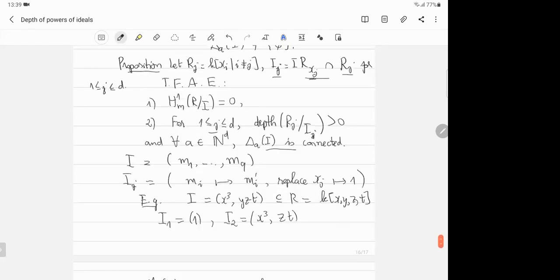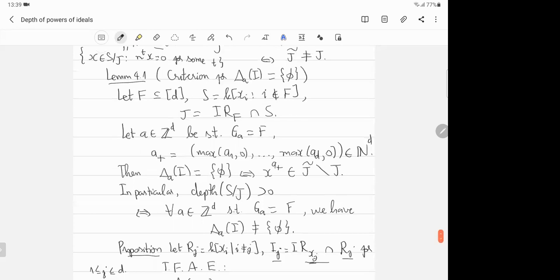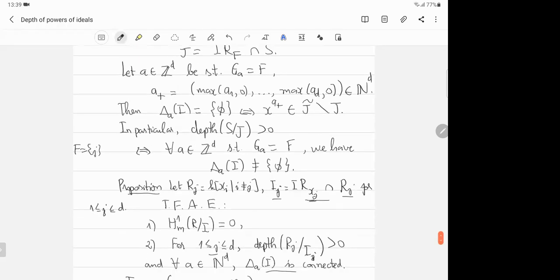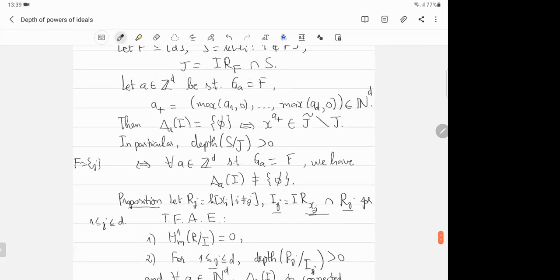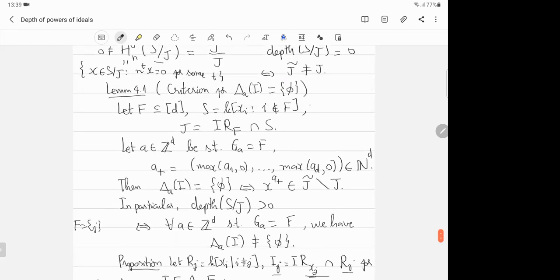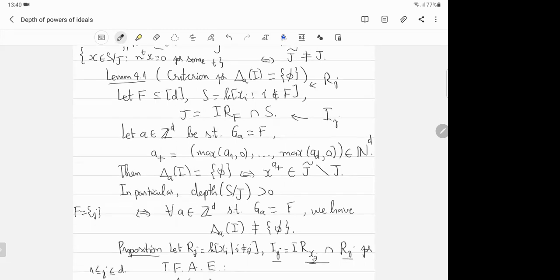And so from this very lemma, with F equal to {j}, this one point set, you see that S here is exactly R_j, and this J here is exactly I localized at x_j.